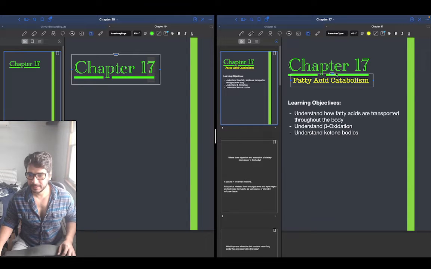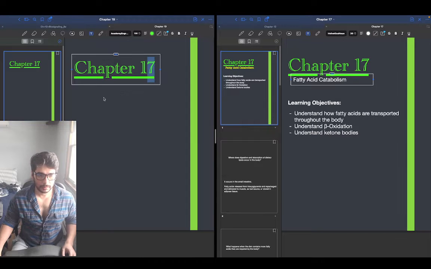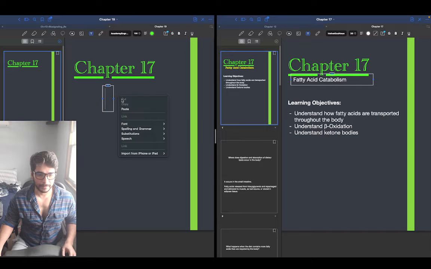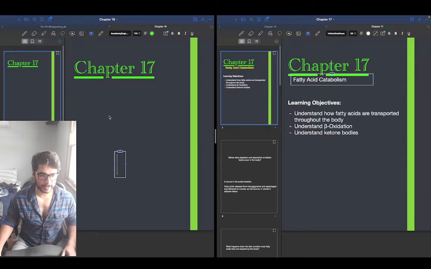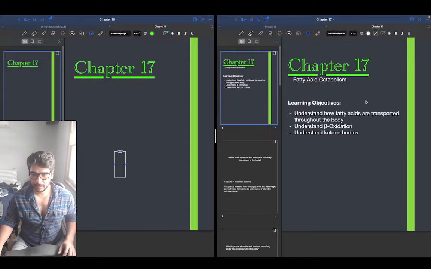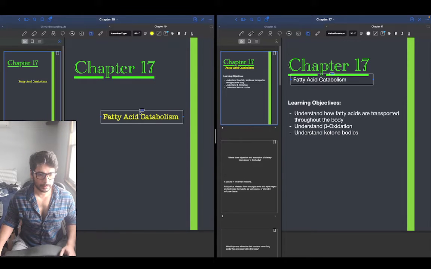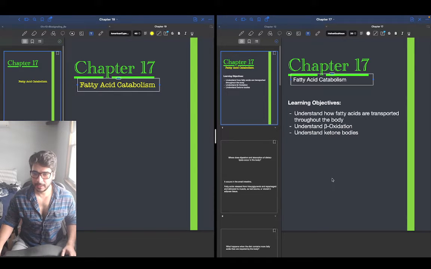So for example, this, I have to manually do everything, which is not effective for studying, but GoodNotes, if you're watching, can you please fix this? Because it is quite cumbersome.